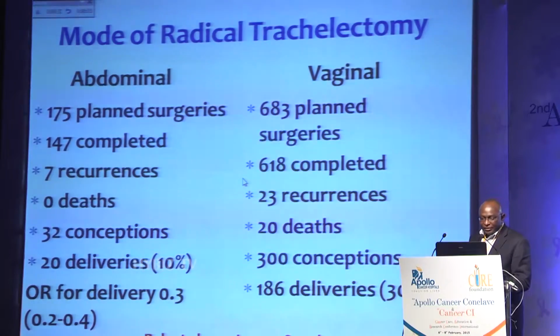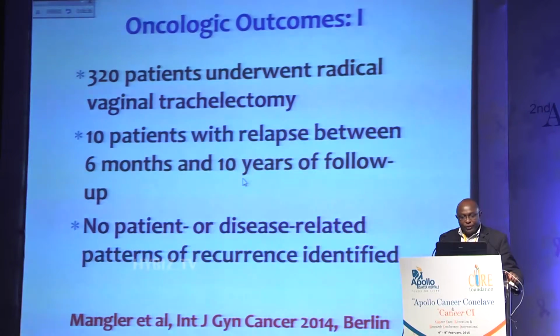In terms of the obstetric outcomes as well, both procedures are comparable, where you have up to 32 conceptions out of 175 planned pregnancies in the abdominal group, 300 conceptions in the vaginal group, and in both groups, patients are able to deliver, although it's recommended that delivery be undertaken by cesarean section. So let me just review a few of the oncologic outcomes in more detail.